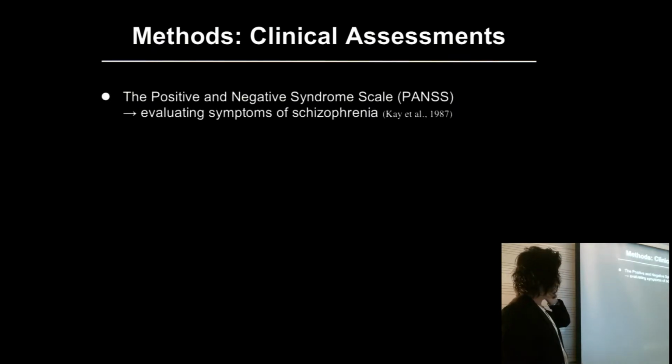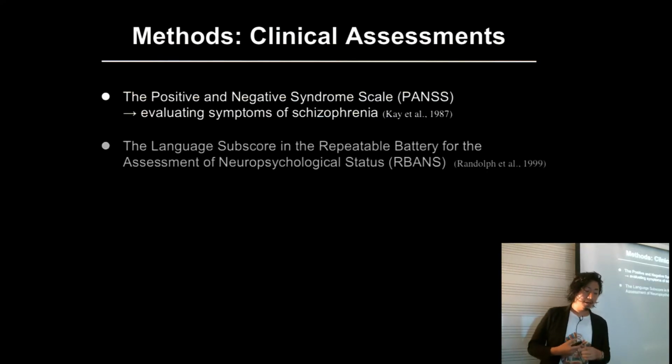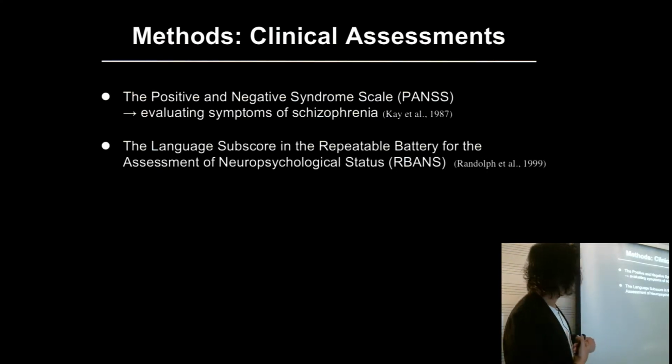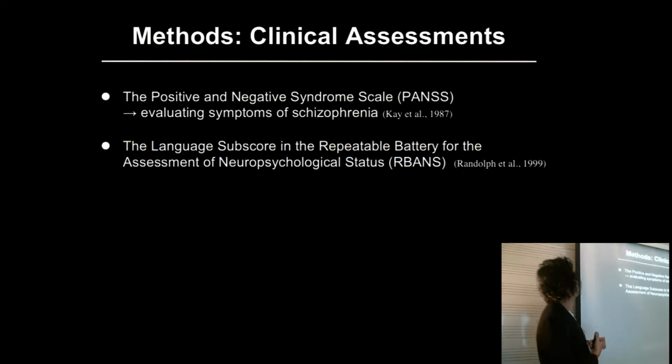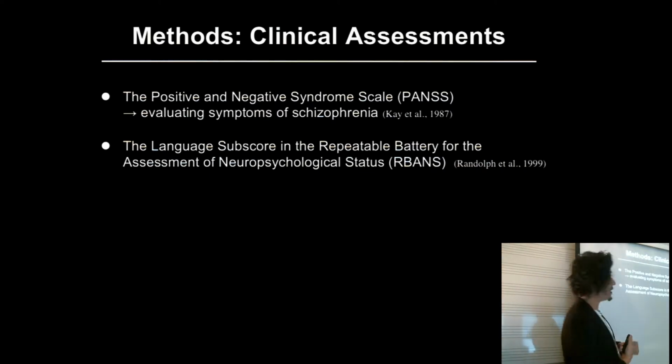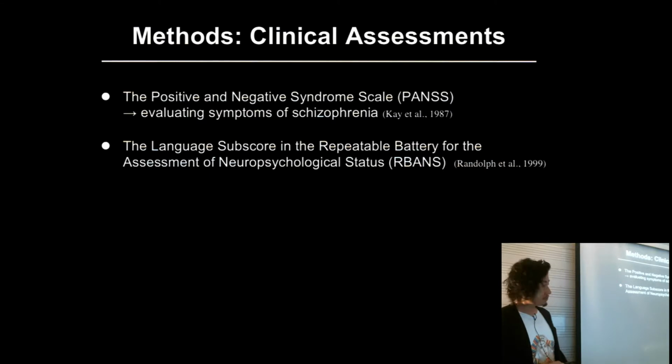And then here are the methods for the clinical assessment. We use the Positive and Negative Syndrome Scale, called PANSS, to evaluate symptoms of schizophrenia. And then we use the language subscore in the Repeatable Battery for the Assessment of Neuropsychological Status, called RBANS.